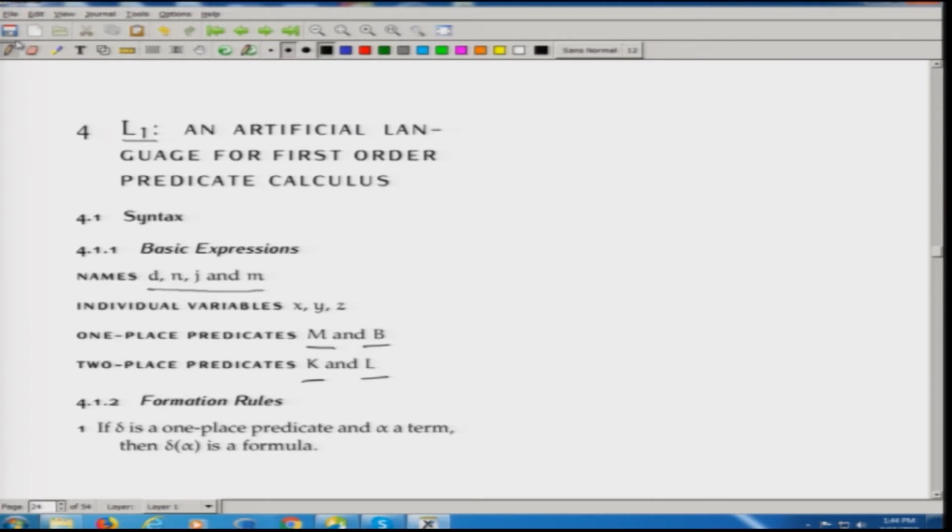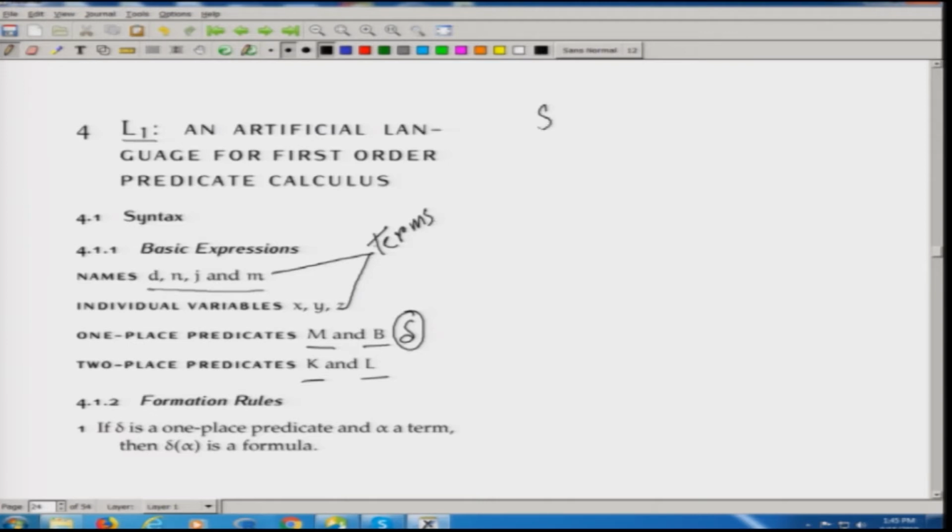You can have delta alpha, you cannot have alpha delta. Delta can be any one-place predicate, and alpha can be a term. So what is a term? Either an individual name or an individual variable is a term. These are all terms.